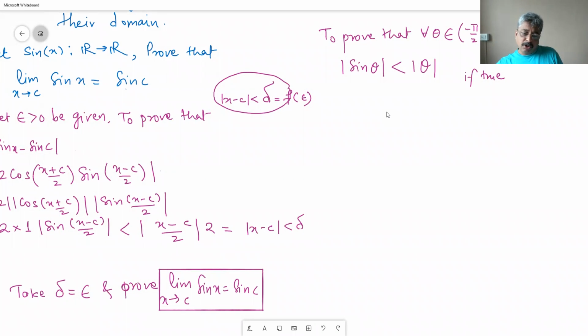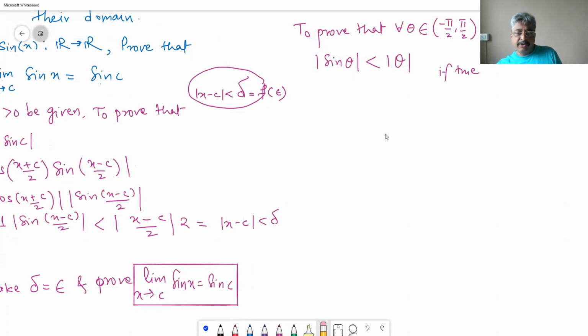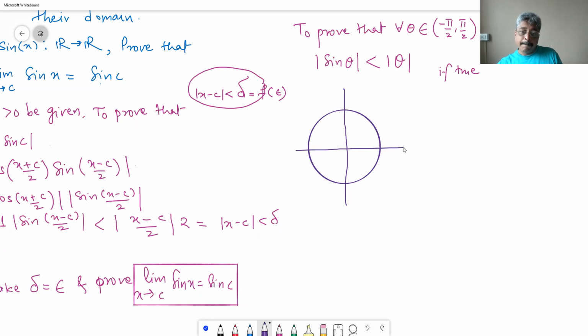In the first quadrant, normally we are very comfortable because everything is positive. Suppose this angle is theta.